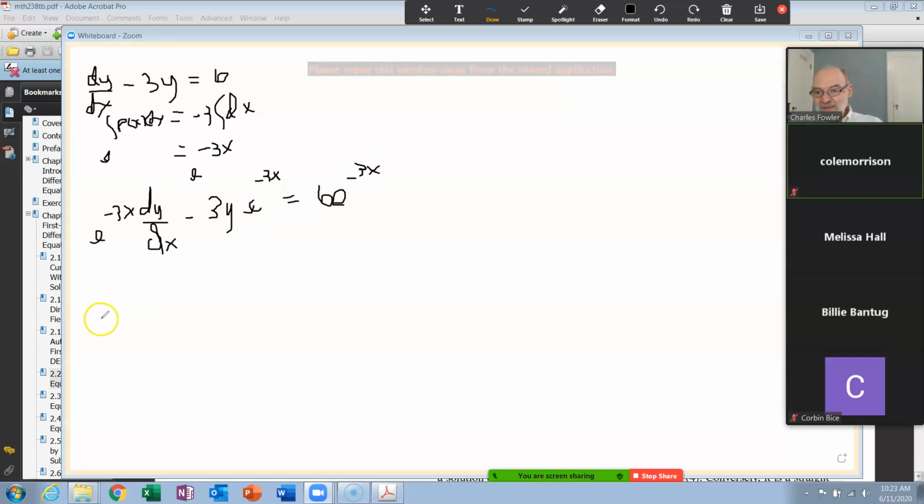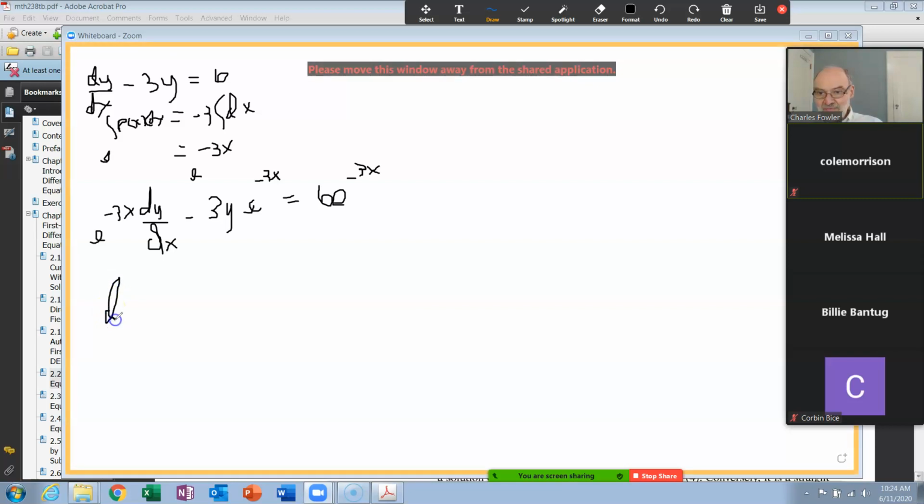Now supposedly the left side should wind up being a perfect derivative, okay? D by dx of the product of your integrating factor e to the minus 3x times your function y.